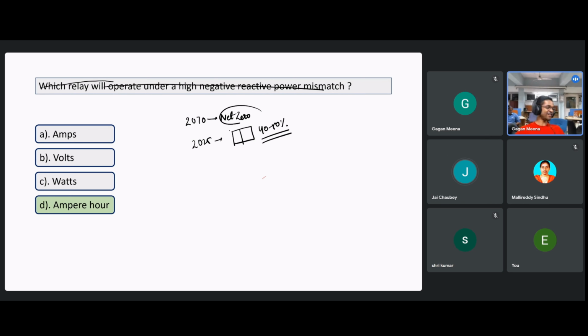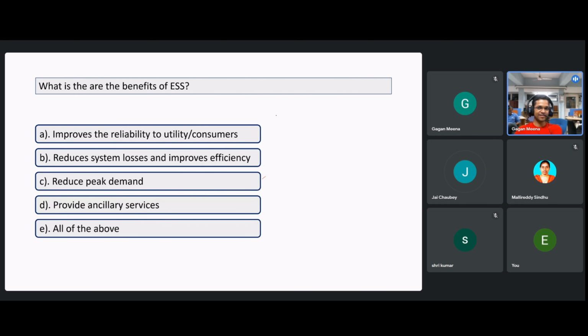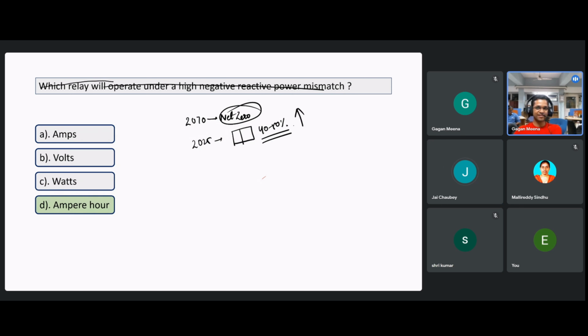So although thermal will be there, we are still reducing emissions in net terms. Thermal will not increase much, but if there are some plants, they have to adhere to this guideline so that there is a boost to the renewables.